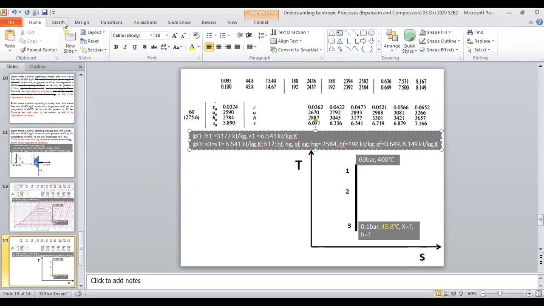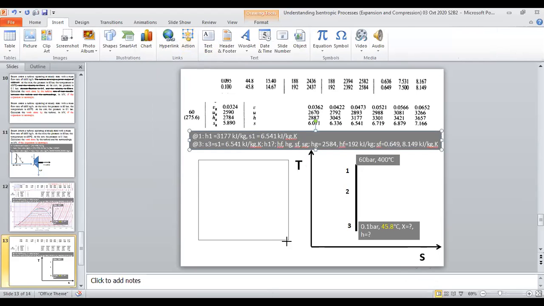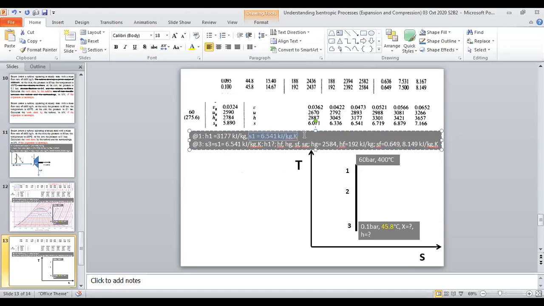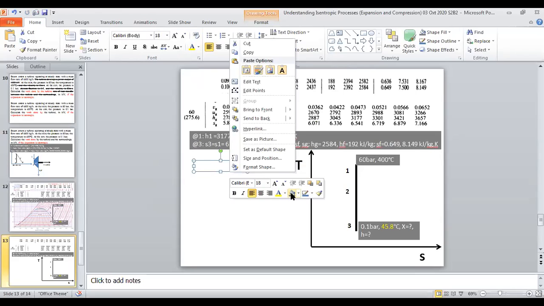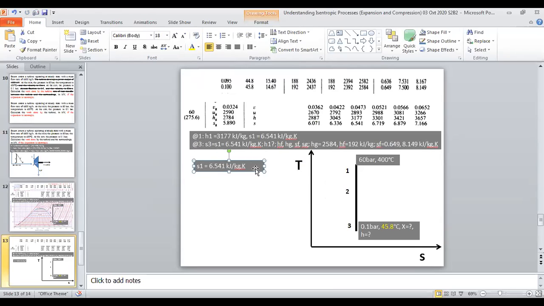See how to check this. S1 is 6.541. This is the same as S3.